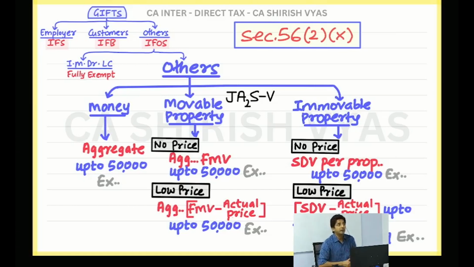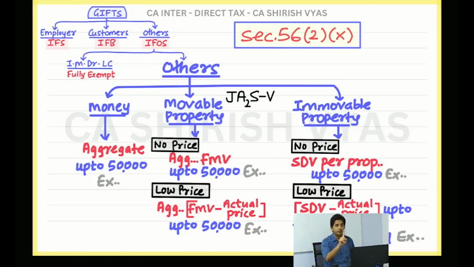Some suppliers might be giving me bangles free because the supplier is thinking, if I give him free bangles and he likes them, he will order more. So being in the business of jewelry, getting free or low price goods is very normal. That's why it is exempt.